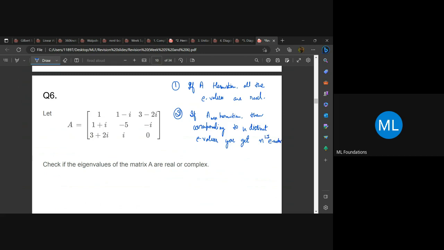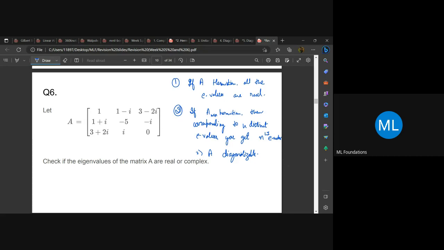That means it will diagonalize your matrix A, which implies A will be diagonalizable.